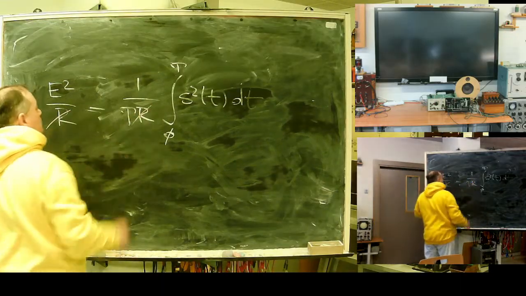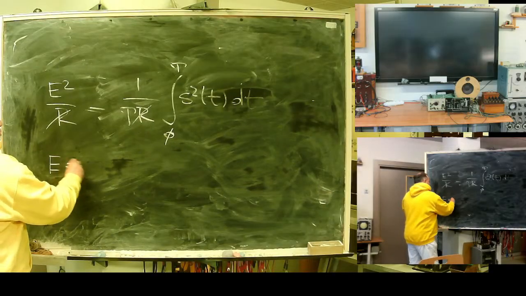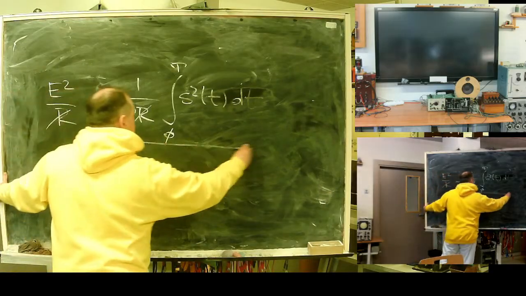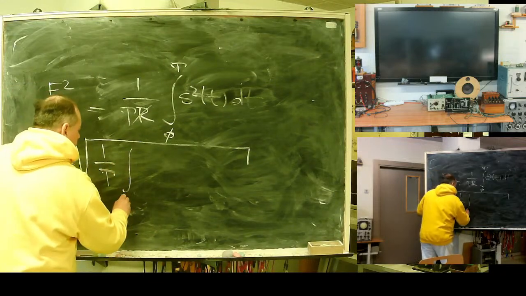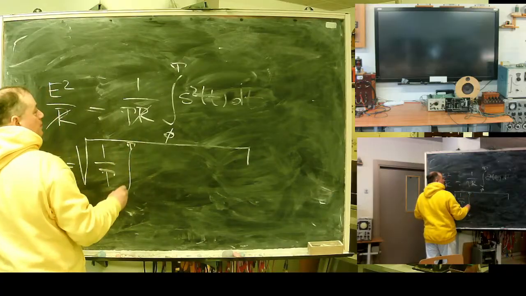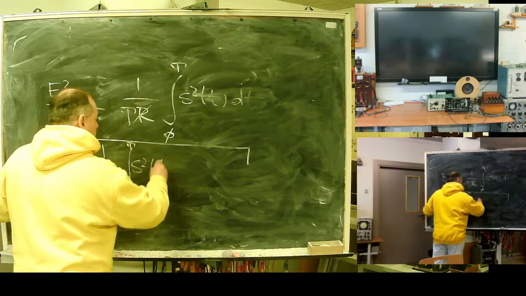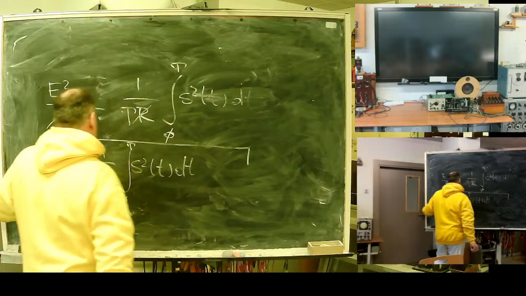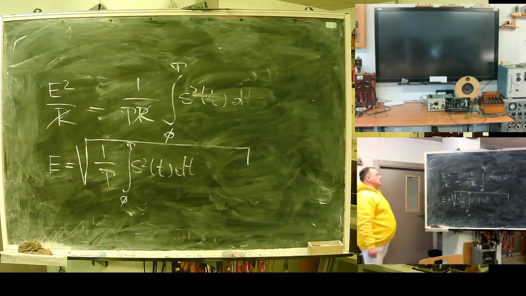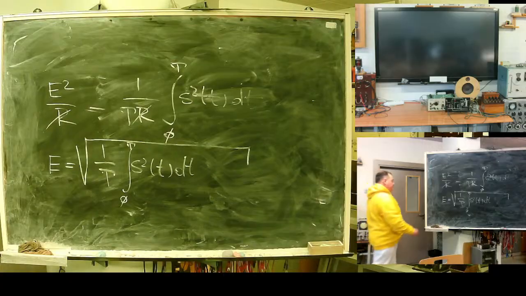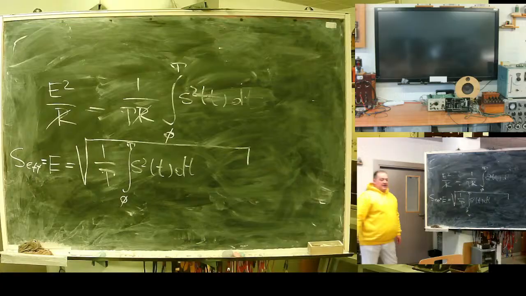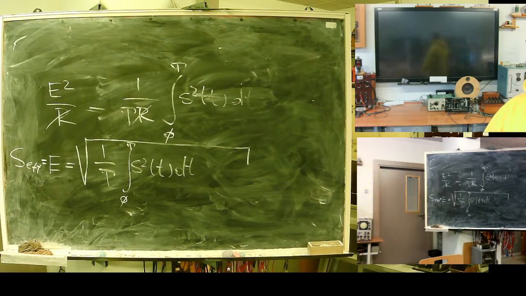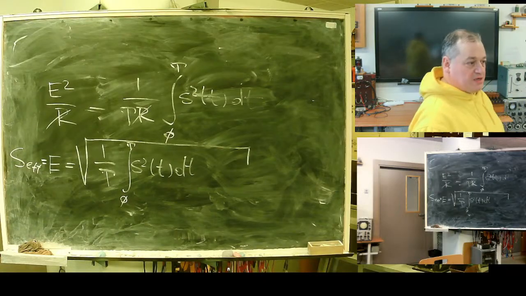R goes away. E should be equal to the square root of 1 divided by period, integrating from 0 to period, s squared of time. This is called signal effective value. It's a DC source producing as much energy as this signal within a period.